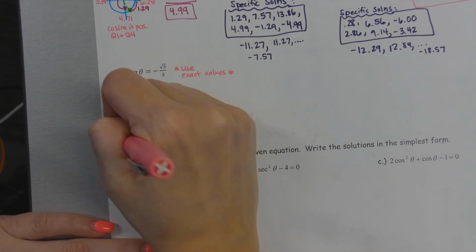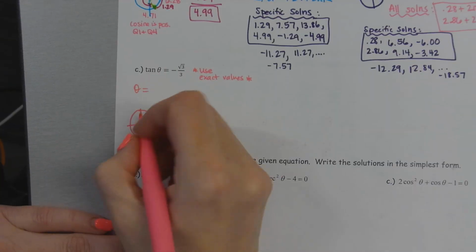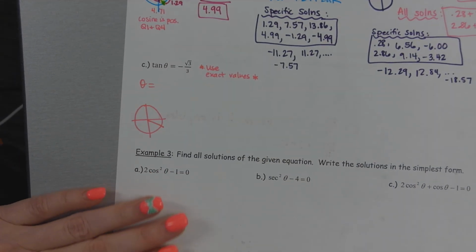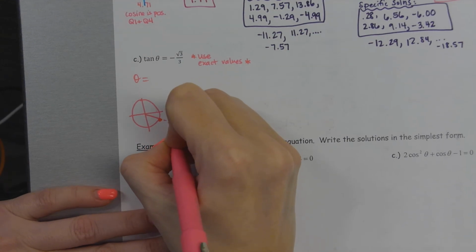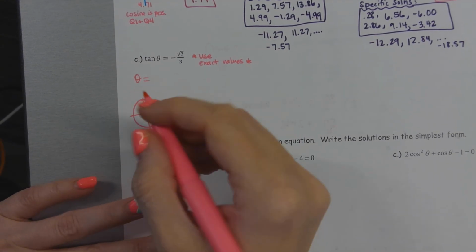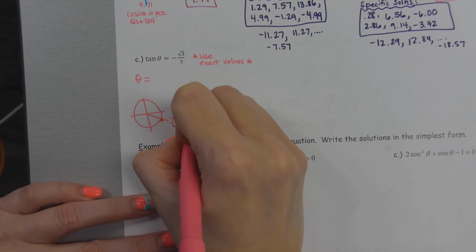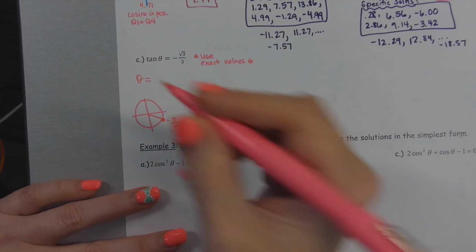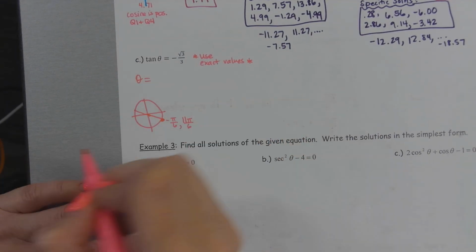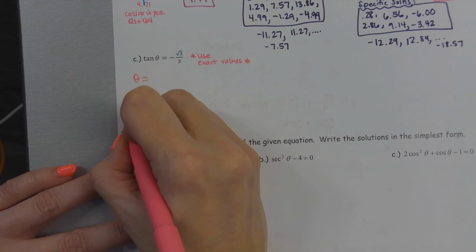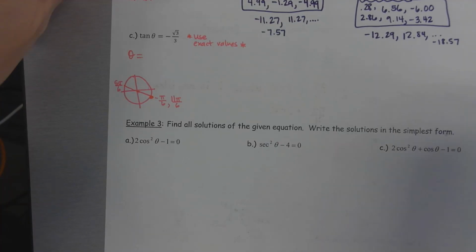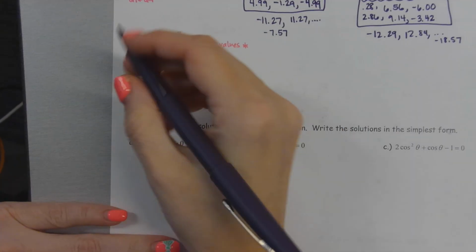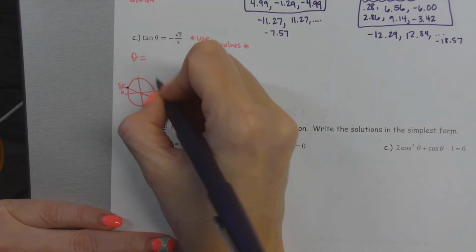For tangent, here, let's draw a visual. Okay, so it's going to be here, which you can call this point 2 things. You can call it negative pi over 6, or you can call it 11 pi over 6. So whichever one you want. Okay, this one is 5 pi over 6. So you can decide how you are going to write what the all solutions are.